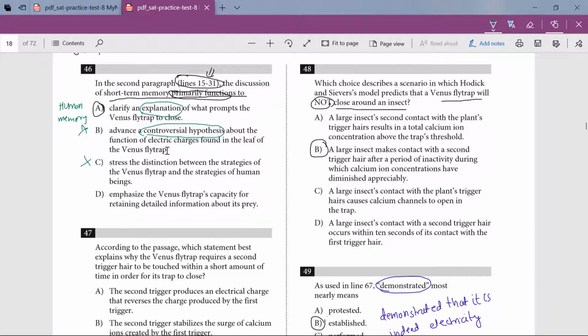So it's not about distinction. So this one gone. Emphasize Venus flytrap's capacity for retaining detailed information. Now again, see, this is very controversial. No detailed information is being talked about. They are talking about short-term memory and something which is just like a trigger. So it's not detailed. So when we read it, we know that this was the right answer.